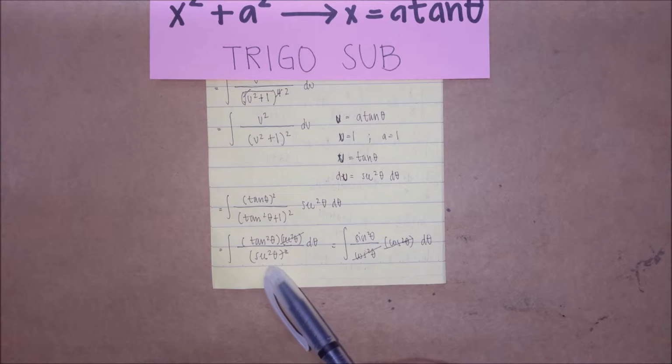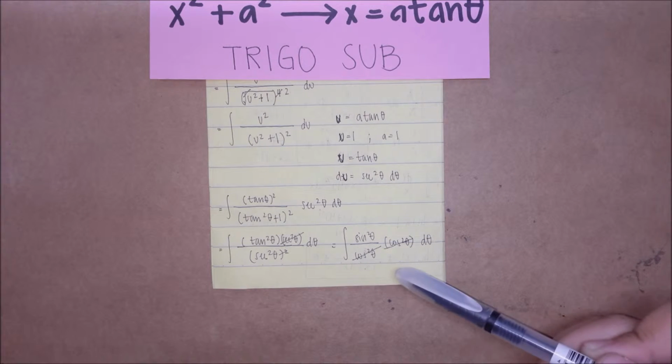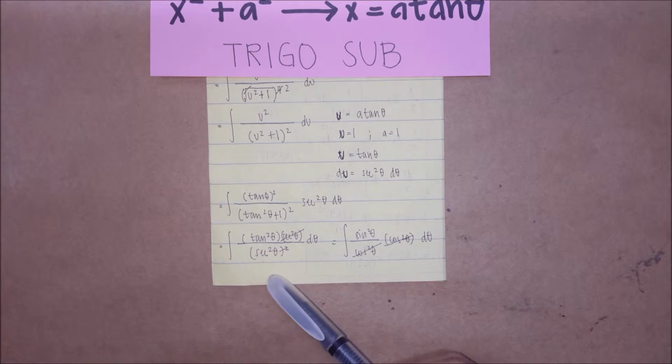Then since tan squared theta equals sine squared theta over cos squared theta, and secant squared theta equals 1 over cos squared theta, then reciprocal it.